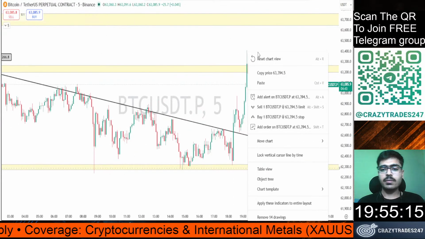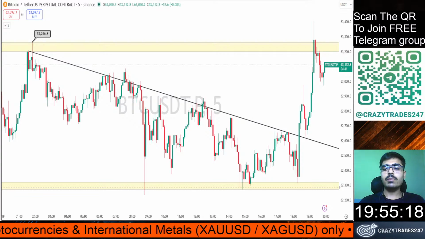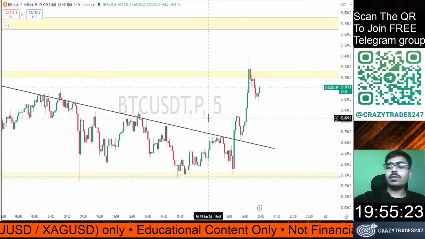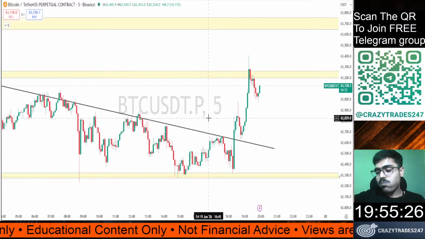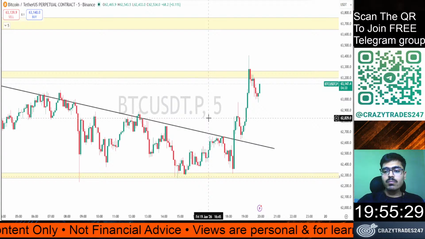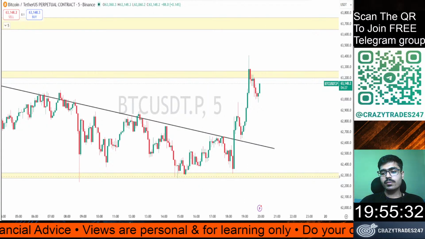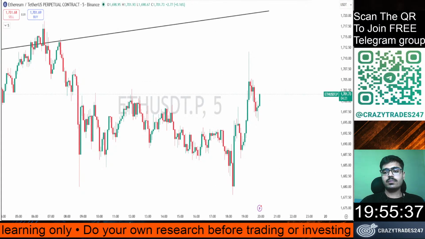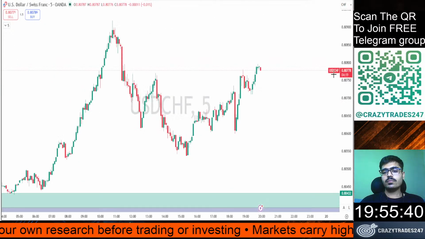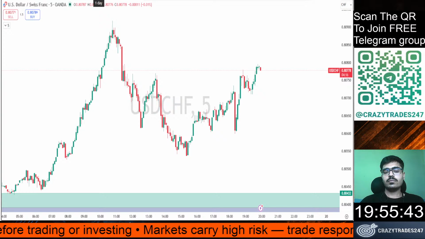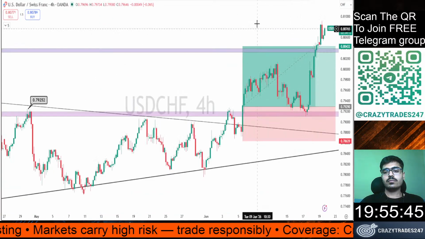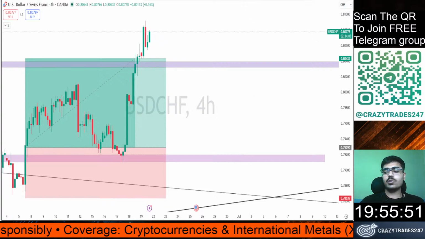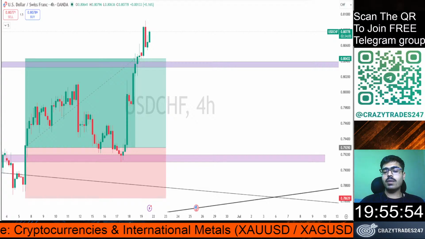I have made my point clear on Bitcoin, gold, silver multiple times, so we will just follow that now. Look at this phenomenal move of USD CHF. Today it's up by 0.4%.